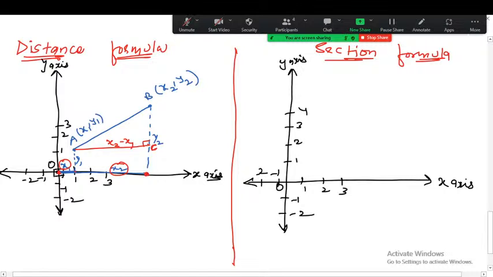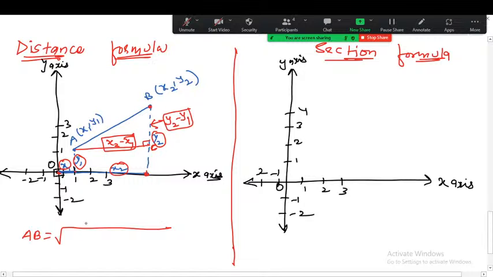Similarly, from this point on the x-axis to B, you have y2, and this much is y1. That means if you want the distance BC, you have to subtract y1 from y2. If those distances are x2 minus x1 and y2 minus y1, you can just tell me AB is nothing but the hypotenuse, and that is why it will be the square root of AC square plus BC square.